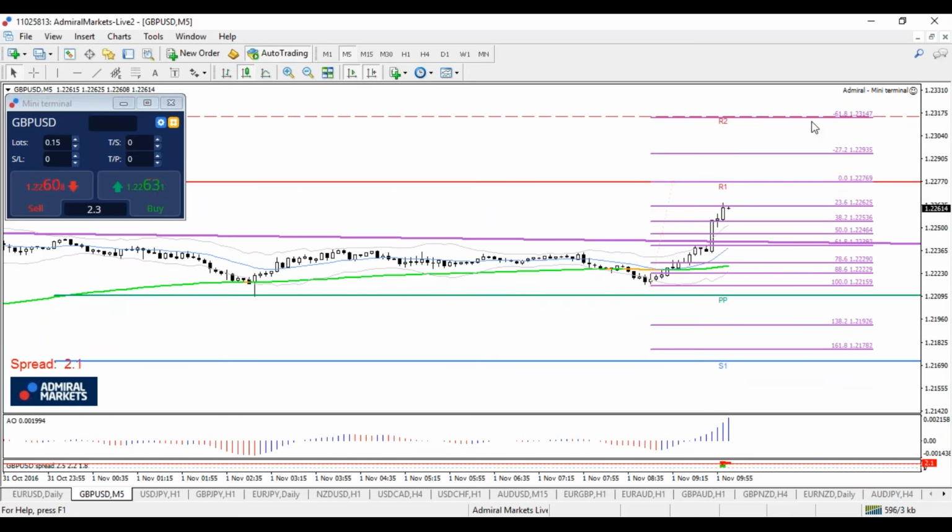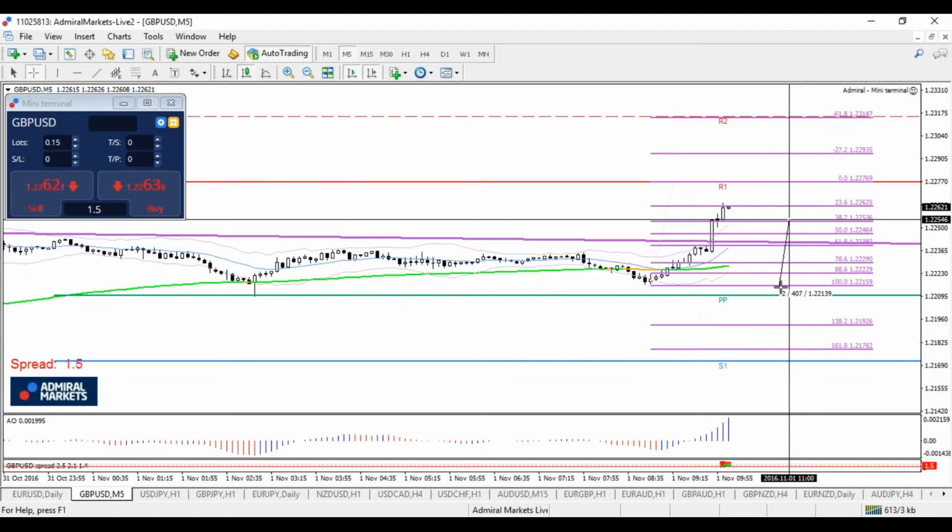There's a nice R2 and minus 61.8 target. That's about 60 pips versus 40 risk.